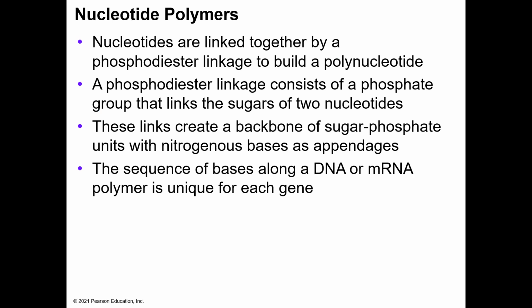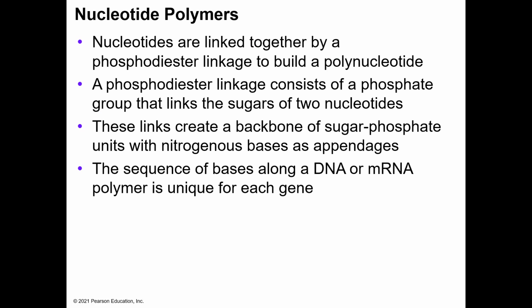Nucleotides are linked together by what's called a phosphodiester linkage to build a polynucleotide. Remember in proteins, the bond between amino acids was called a peptide bond. Well, the bond between nucleotides is a phosphodiester linkage.